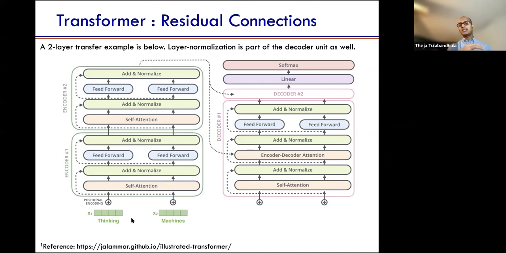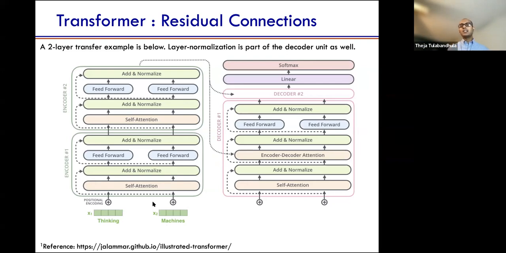It's as if you're just inputting a bag of words. Of course, there's a lot more going on, but you will not be able to capture the word ordering because there's no other place where you can say, this is the first word and this is the second word. Self-attention is really symmetric. It just says this word depends on everything else, but it doesn't say this word precedes that other word. That information has to be there somewhere.